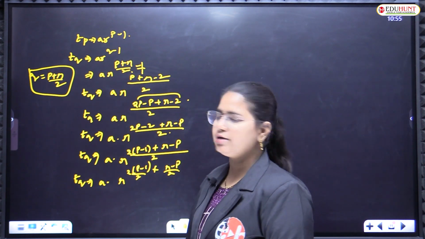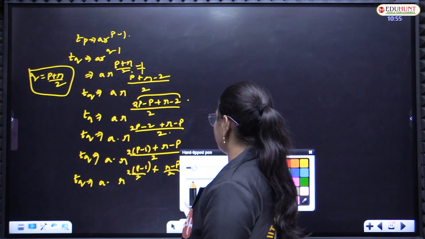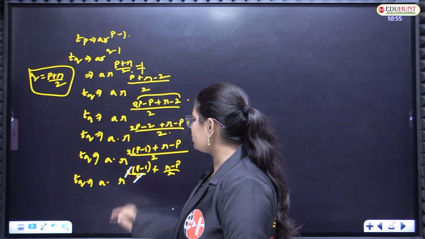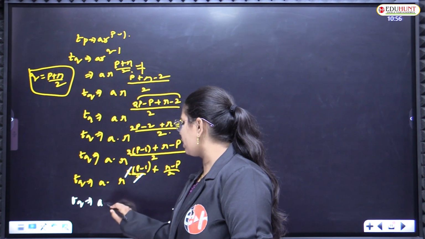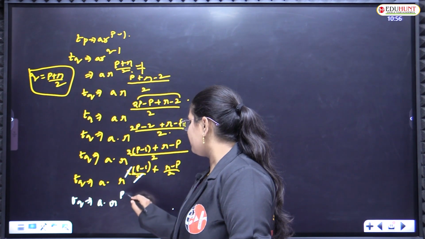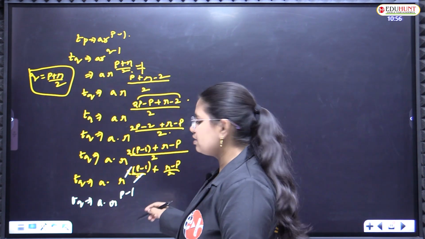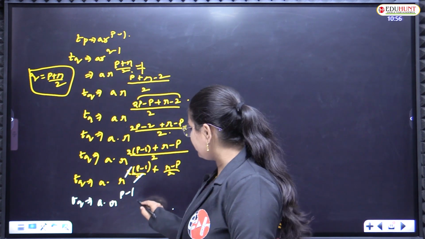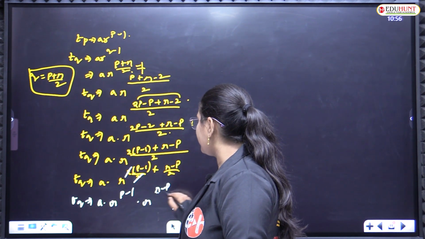Cancel these two and this two. So what you will be left with? TQ is equal to A into R power P minus 1. A power of m plus n can be written as A power of m into A power of n, into R power R minus P by 2.